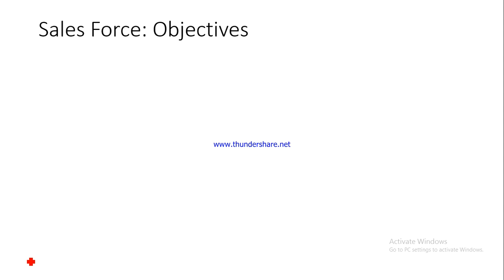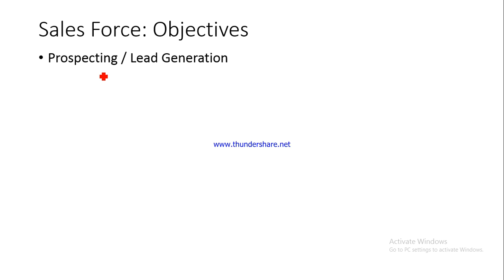First of all, let's talk about the objectives of the sales force. What are the various functions that are performed by the sales force? The first objective is prospecting or lead generation. We have talked about this in the sales process. You look for prospects. Prospects are those who are likely to buy your product in future.